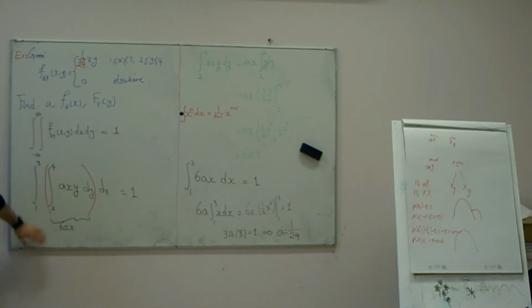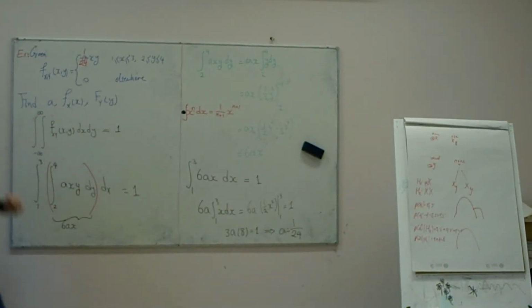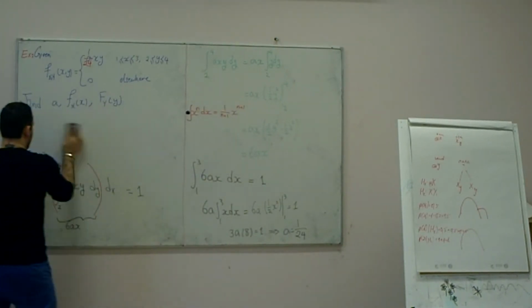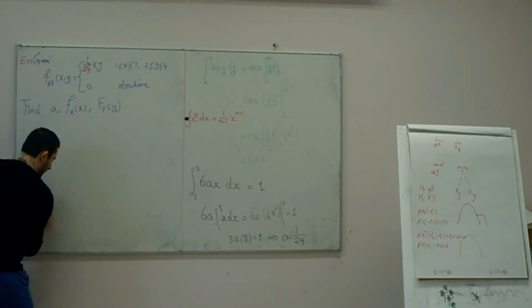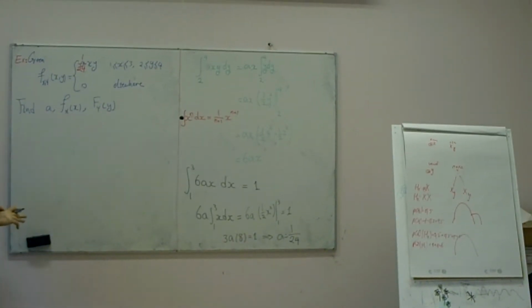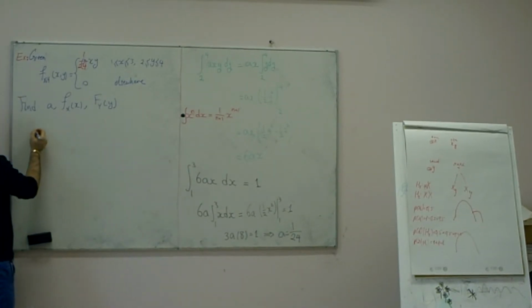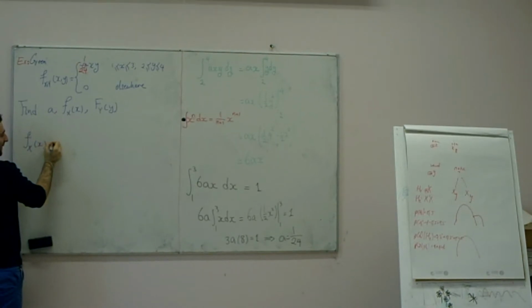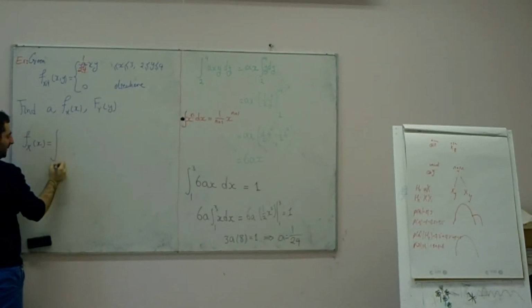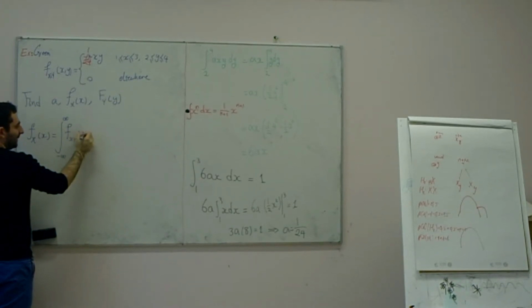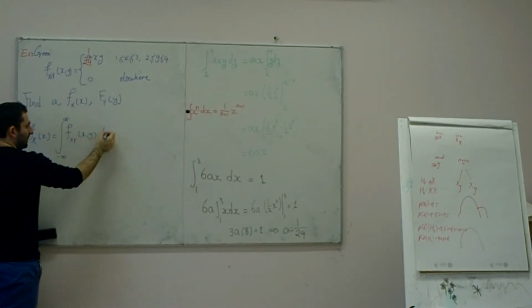May I erase this part? So, f_X(x) is the integral from minus infinity to plus infinity of f(x,y) dy.